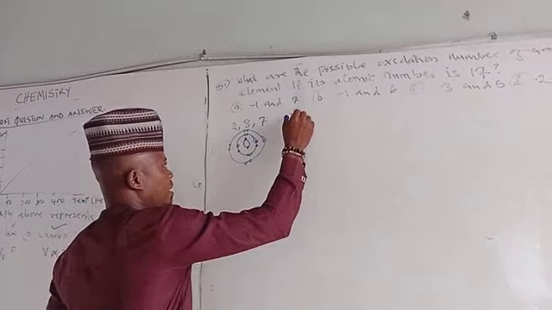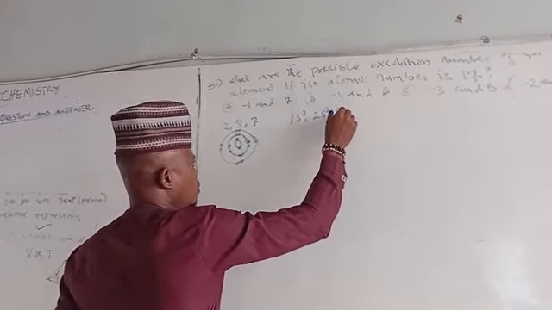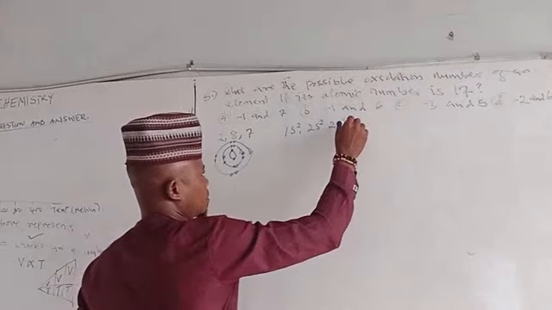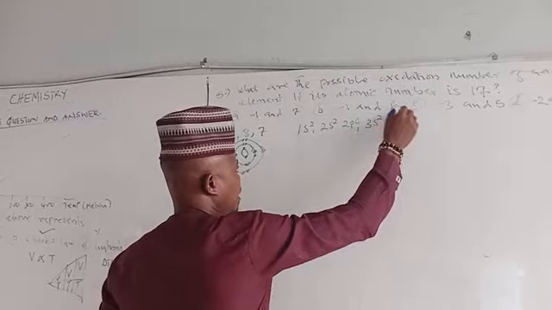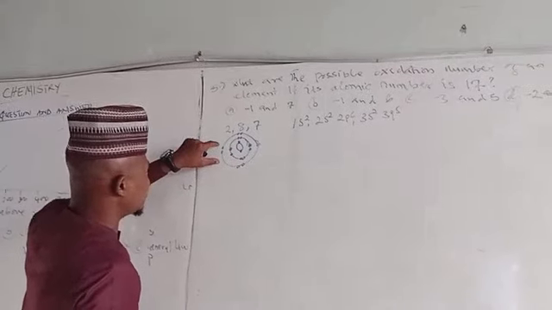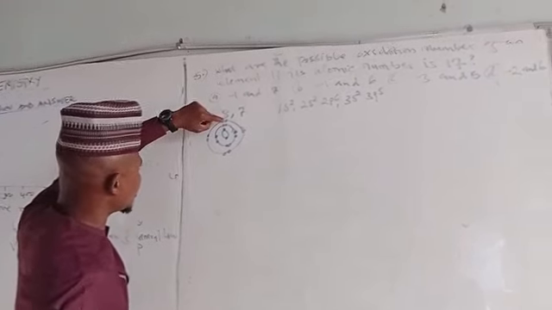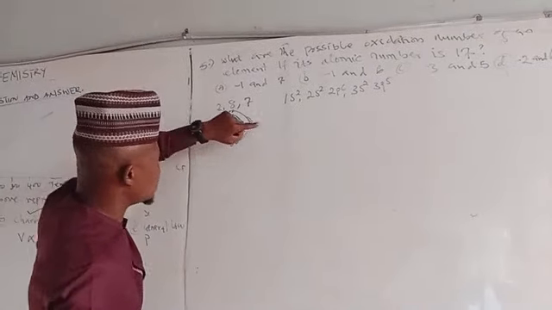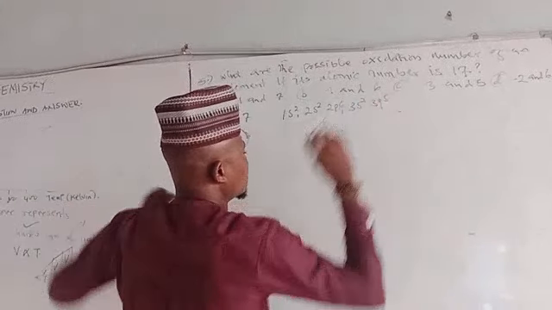Or in SPDF notation, you have 1s2, 2s2, 2p6, 3s2, 3p5. So this is the valence electron: 7 valence electrons in the third shell, 2 plus 5 is 7.